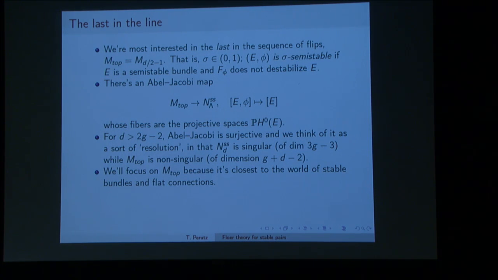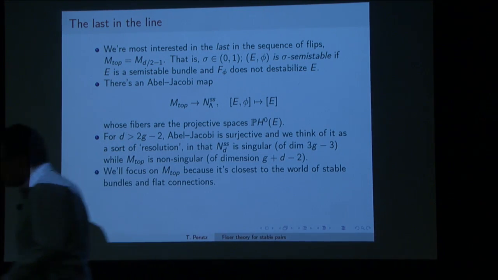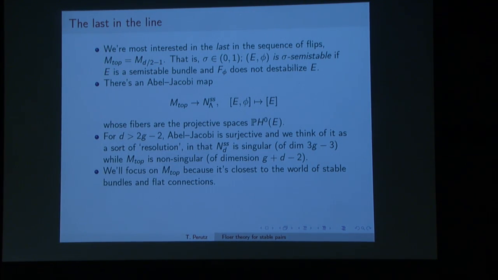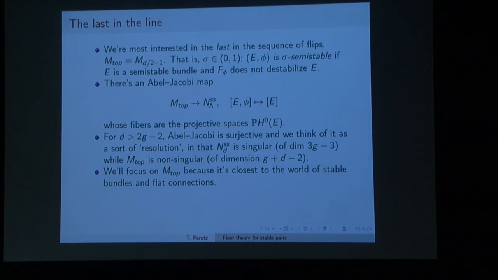So the key thing about this one is that it comes with a map to the space of semi-stable vector bundles. I call it an Abel-Jacobi map. No risk of destabilization, right?